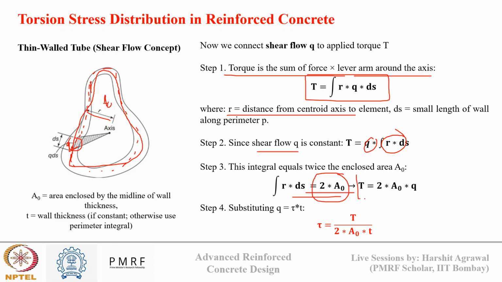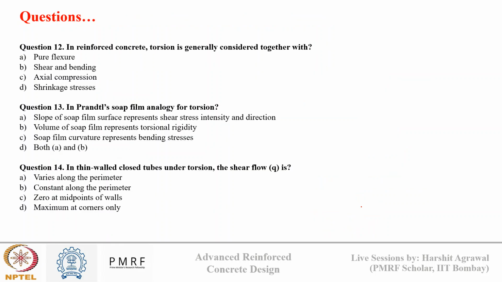So we can write T is equal to 2 A naught times q, and since q is nothing but tau times t, we can find the tau value. It is equal to T upon 2 A naught times t. So T is the torque that we have exerted, and the stress generated in this member can be denoted by this relationship. This is what is known as thin wall tube theory.